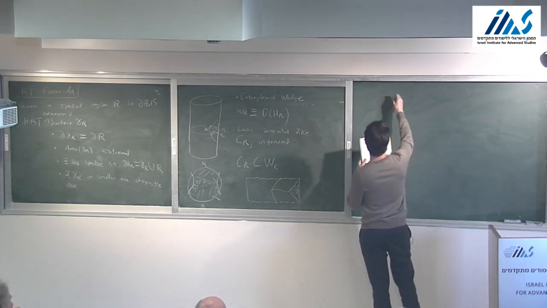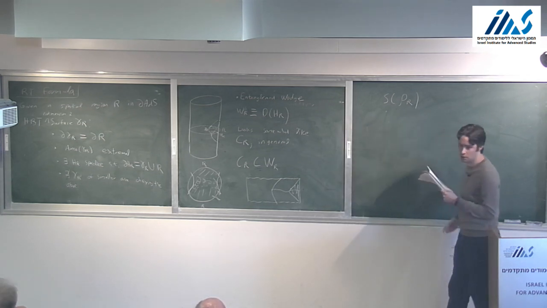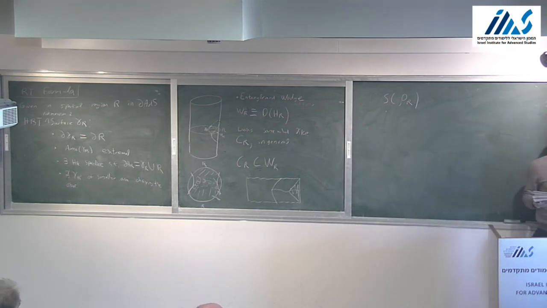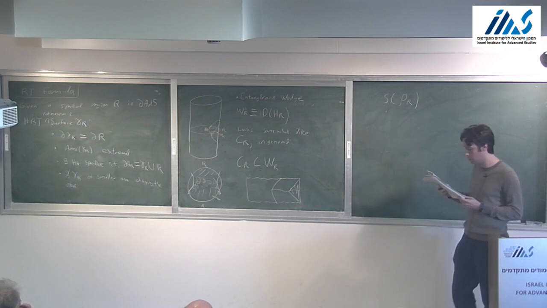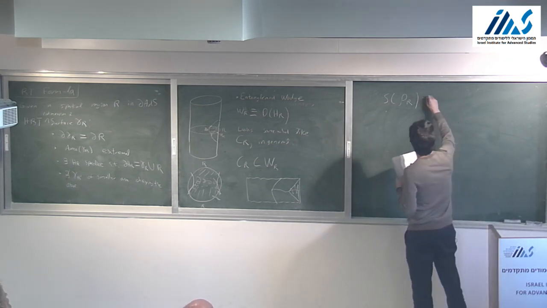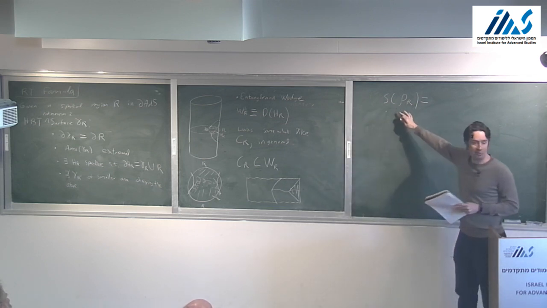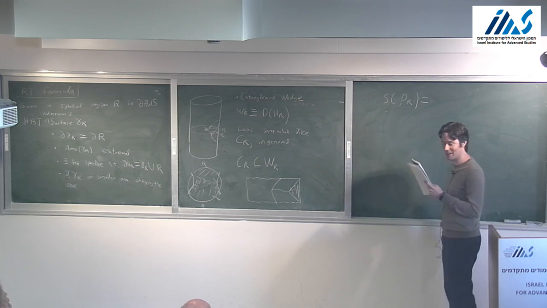So what it says is that if we take some state in the CFT and we reduce to the subregion R, compute the reduced state on the subregion R, and then we compute its von Neumann entropy, then there's a bulk formula for that. So that's the exciting thing. There's a bulk formula for von Neumann entropy. Okay.